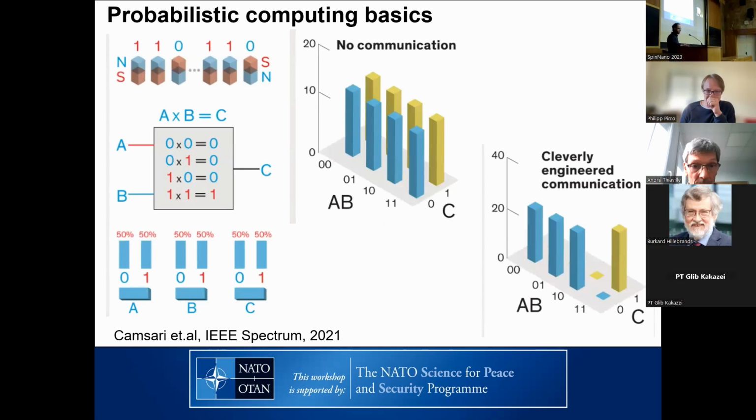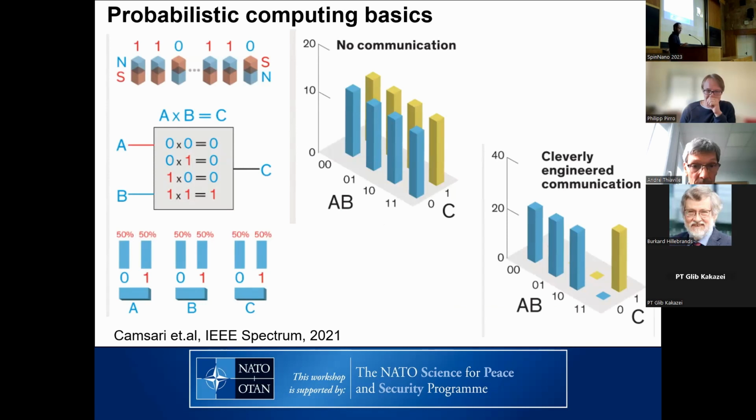So let's say we have a nanomagnet, north-south, as you see, with north and south pole, that can fluctuate in time, go up or down, up or down. And we are trying to create a binary multiplication gate using this stochastic element.